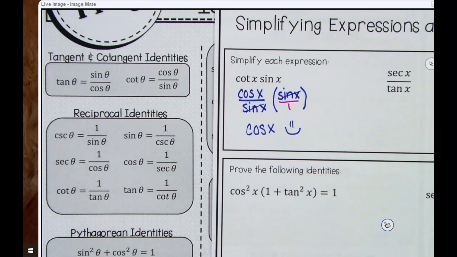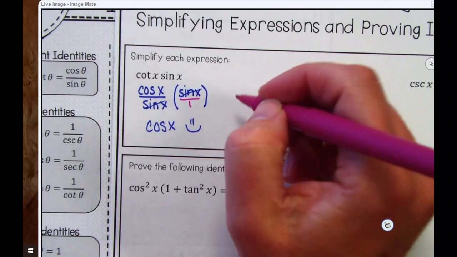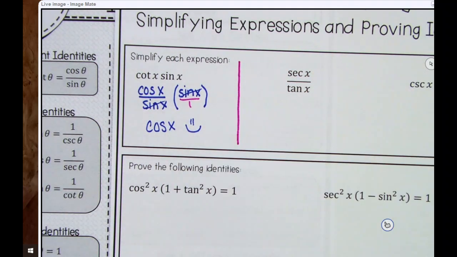Next. And I'll tell you right now, there is never only one way to do these problems. We can get to the same answer going in different directions. So if you hated the way I saw it first, don't stress out.